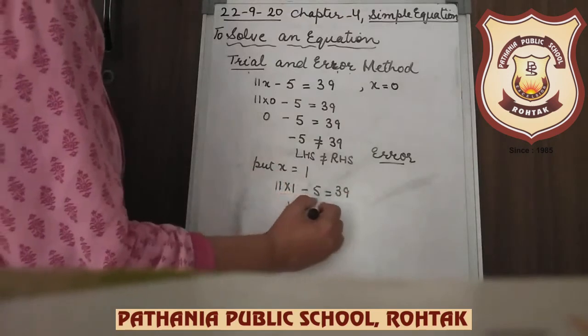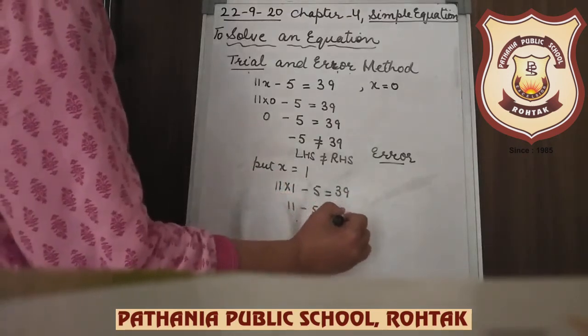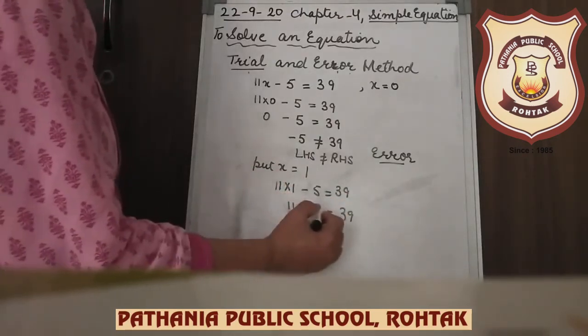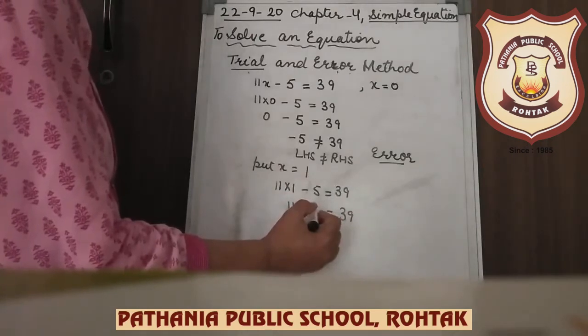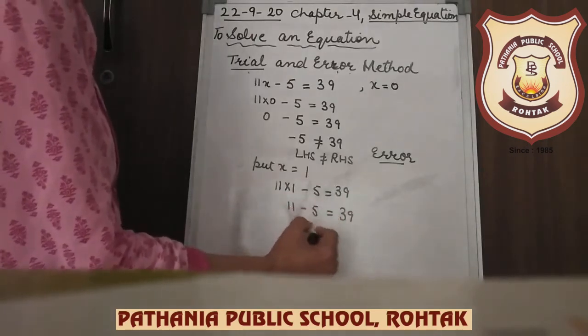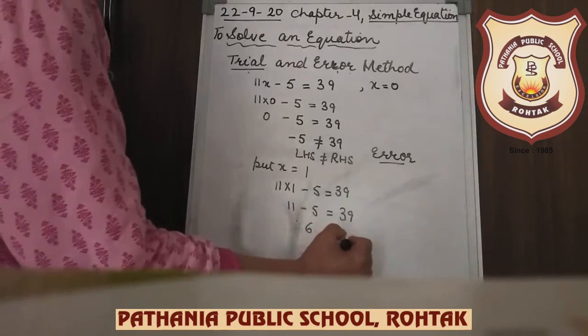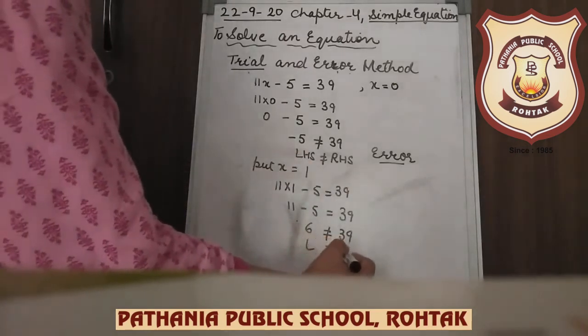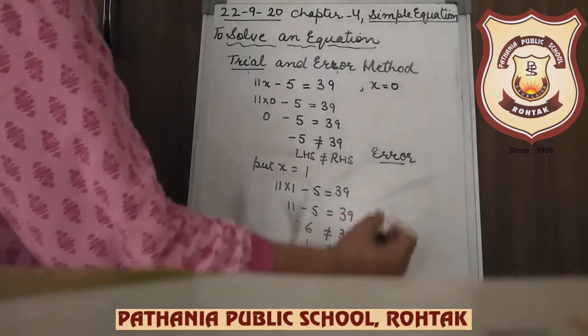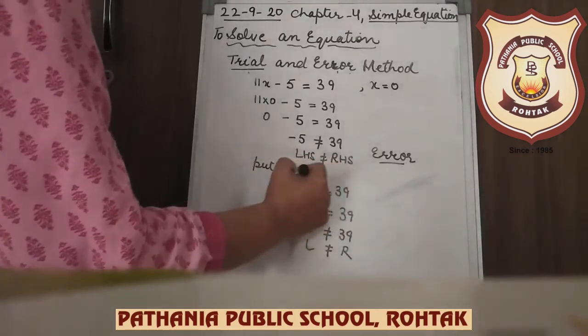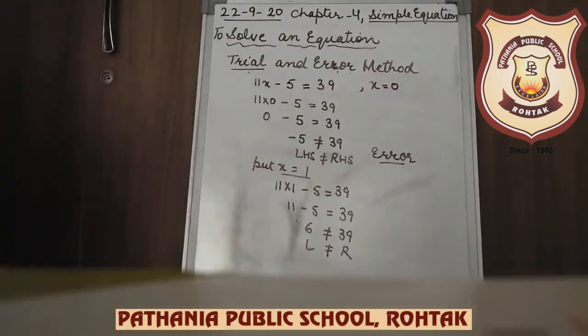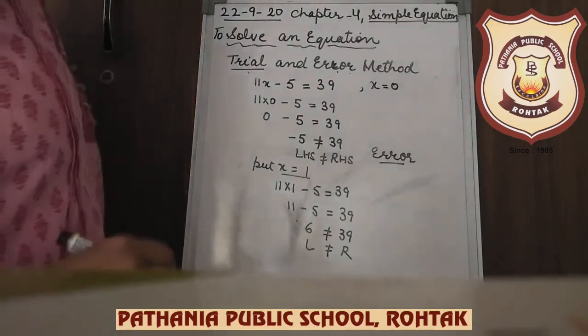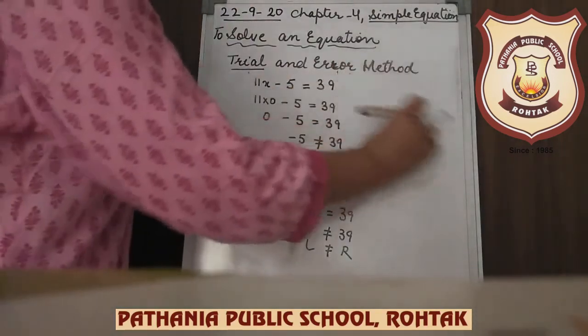So 11 minus 5 is equal to what? 6. And 6 again is not equal to 39. Again your left hand side is not equal to right hand side. So this will not be the value of the variable. Again you have to look for another value.